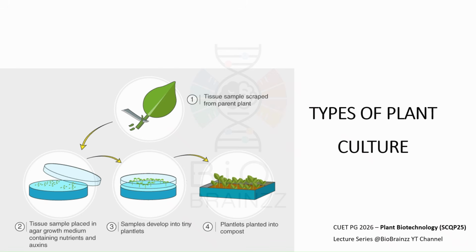In plant biotechnology, depending on the aim of the experiment, whether we want to regenerate a plant, preserve genetic material, study development, or produce chemicals, we select a particular type of in vitro culture. So, as we go through each type, try to mentally connect techniques with applications because CUET often frames questions in that way.